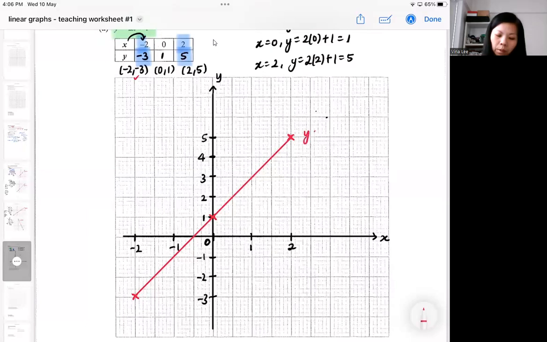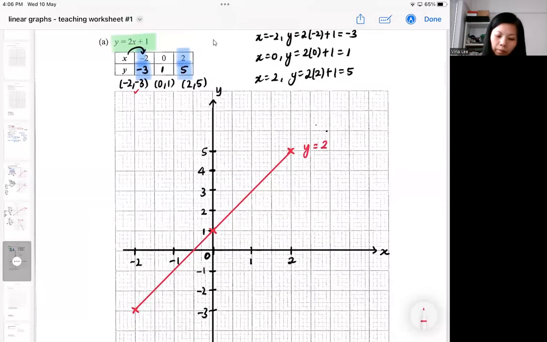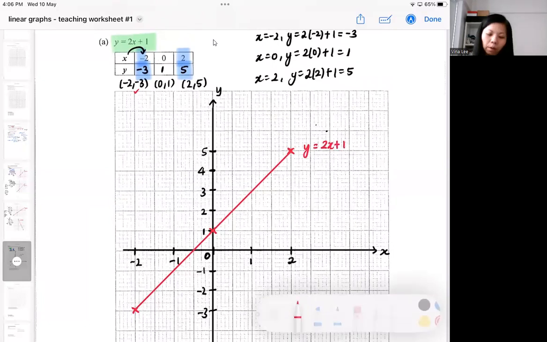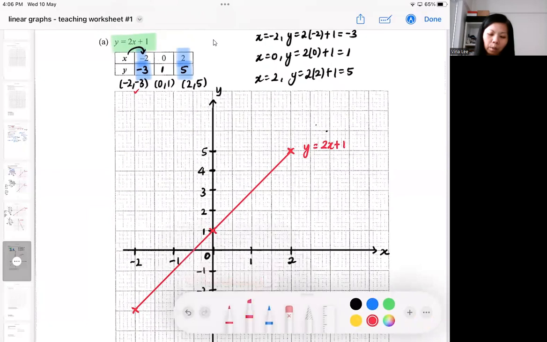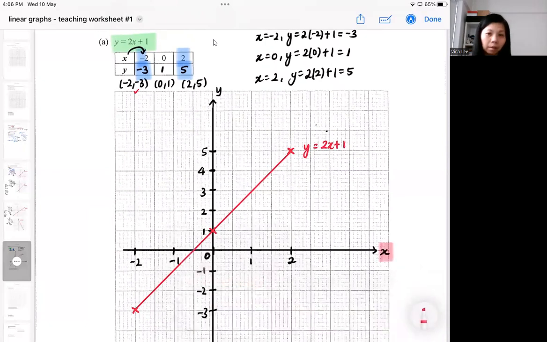And don't forget the equation. There are 3 things that I look for if I mark a graph. I will look for your x-axis, I'll look for your y-axis, and I will look for the equation.